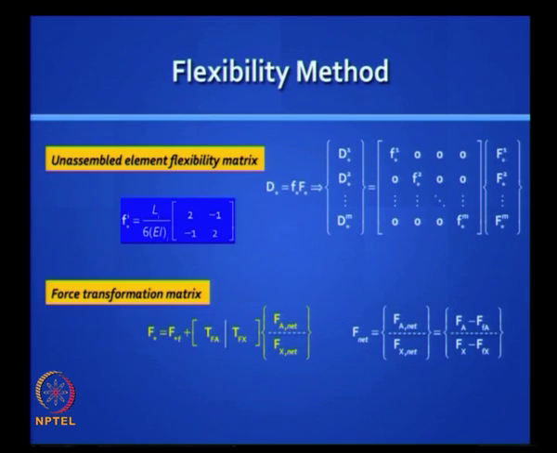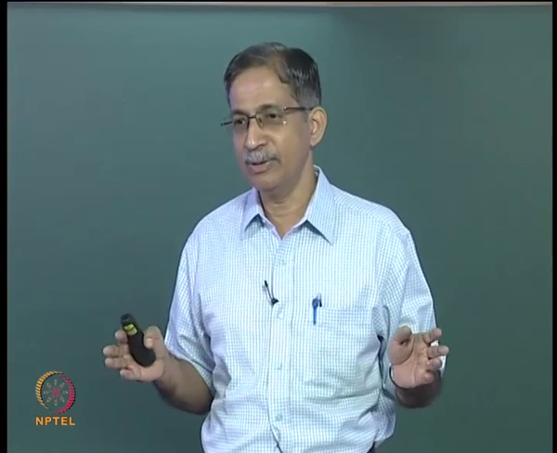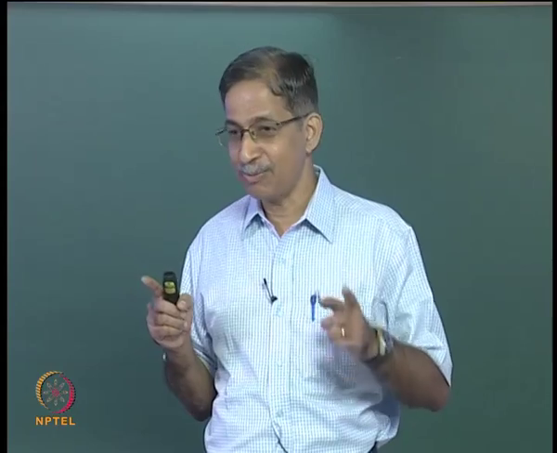So this is a little aberration in the flexibility method, because we are forced to borrow concepts from the stiffness method to find the fixed end forces and then import that concept here, because there is no other way you can deal with intermediate loads. Okay, so we do that, and do not put the TF transpose there.